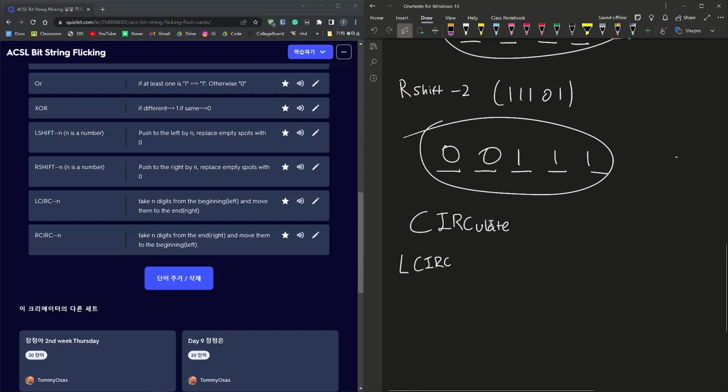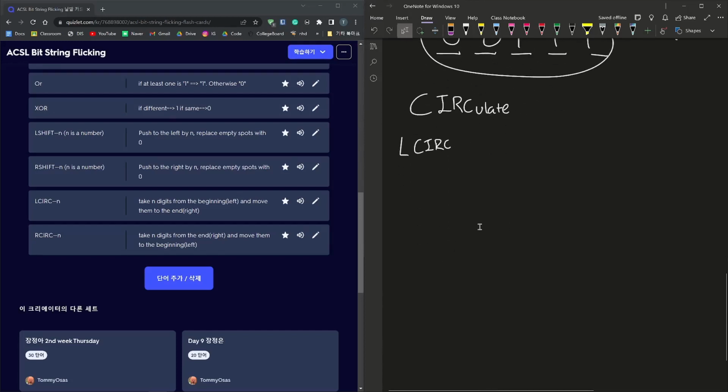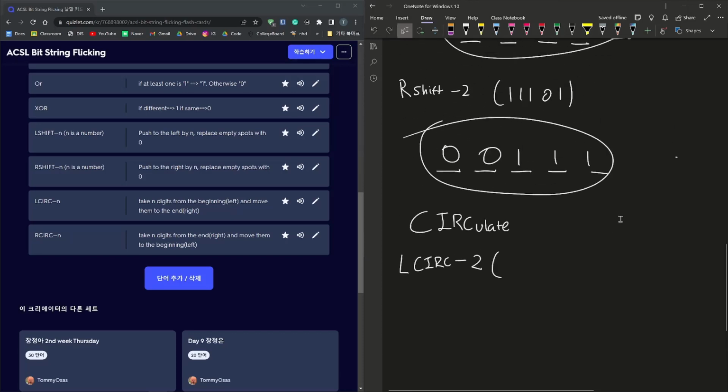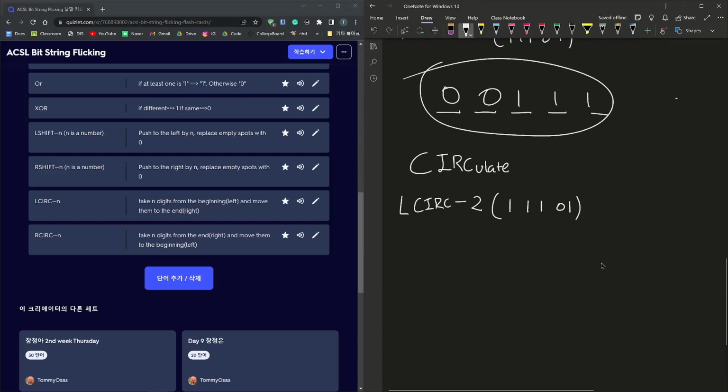Let's use this same number just to avoid any confusion. L-circ 2, we have 1 1 1 0 1. Okay, so first what we're gonna do is shift by 2. 1 2 3 4 5, 1 1 1 0 1.